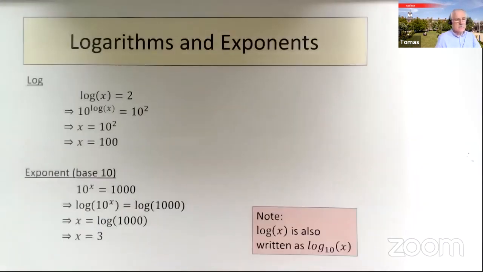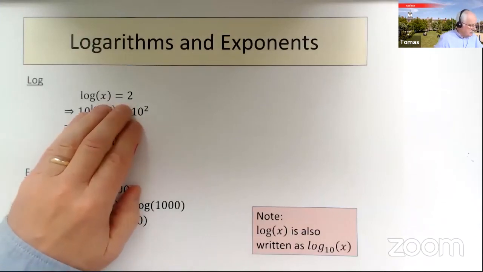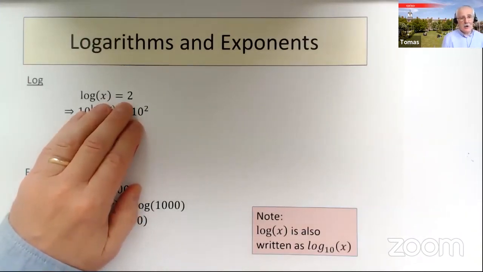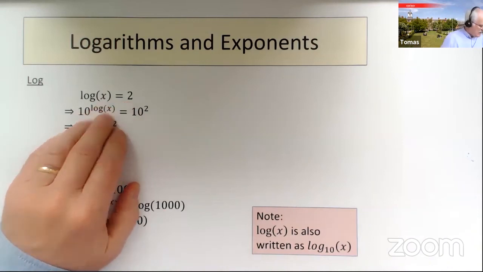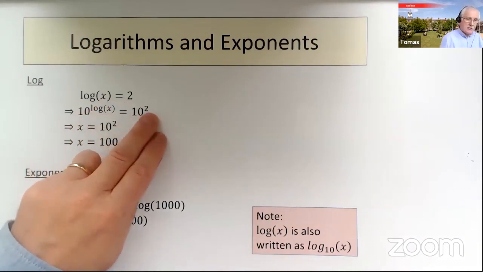Similarly, if you are looking at something like logs, it just takes a little while for that to focus. Log x is 2. How would you get rid of a log? The inverse on the calculator says 10 to the power of. So 10 to the power of log x is 10 to the power of 2.